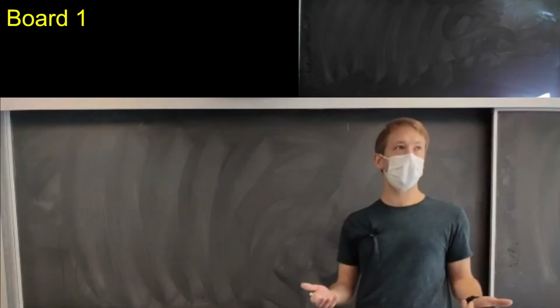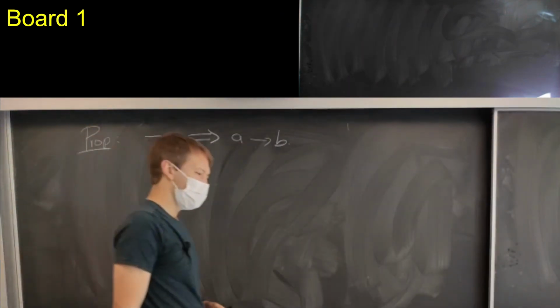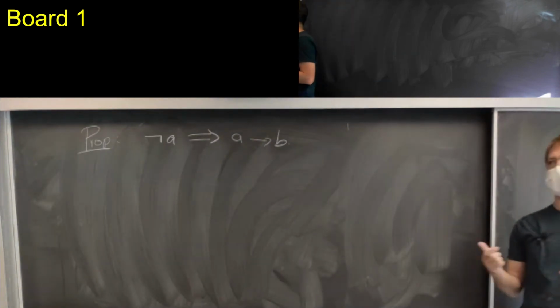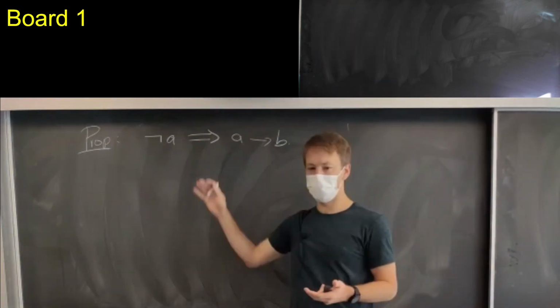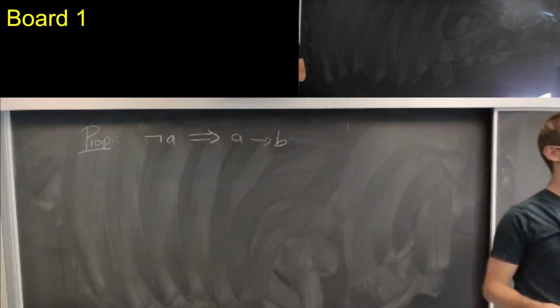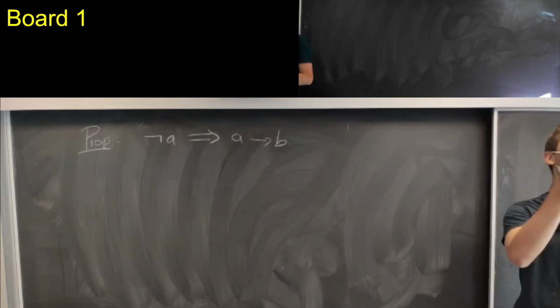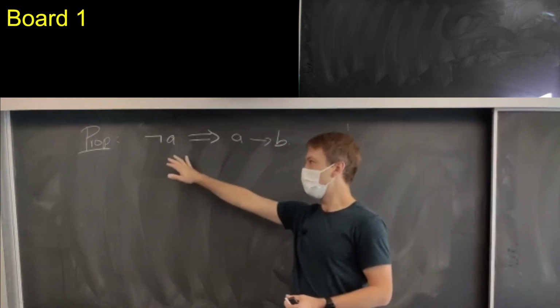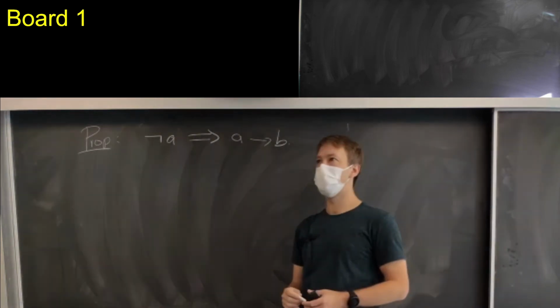Let me just give you another example of this logical implication. Actually, before I do this with a truth table, can anyone tell me why this kind of thing should be true? This is just really kind of in disguise.